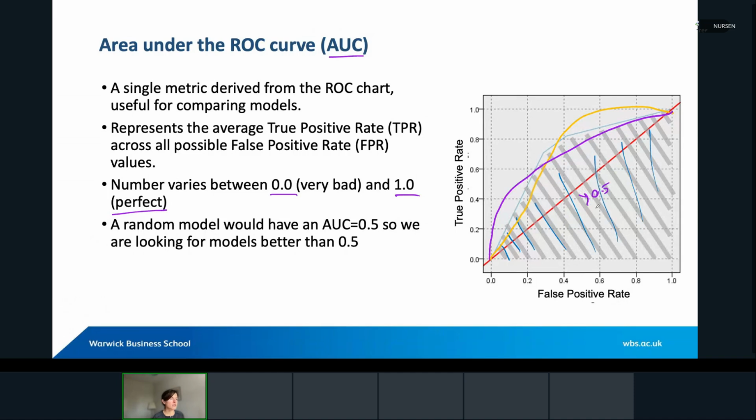So for a model to perform better, its area under curve score should be at least 0.5, which is actually better than the random model. So we will also obtain this value when we compare different models. The higher the area under curve score, the better the model performs with respect to others.